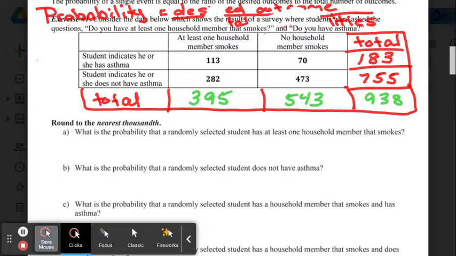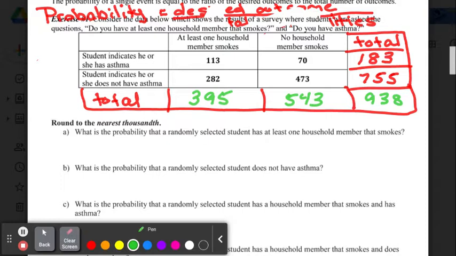One thing. What's the probability that a randomly selected student has at least one household member that smokes? So when you write this, you put P, that means probability, and then whatever you're looking for goes in here.